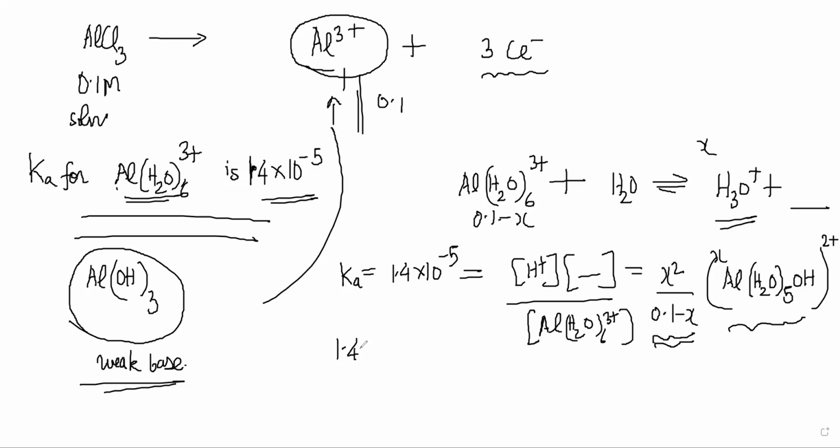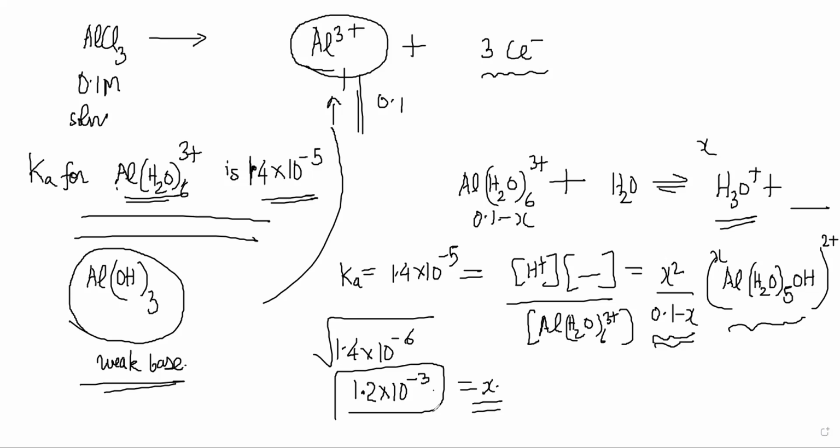So 1.4 into 10 power minus 6, and root of that; root of 1.4 will be around 1.2, so 1.2 into 10 power minus 3. That will be the approximate value of X. Now clearly X can be ignored as compared to 0.1. So that is a correct calculation then. So X will be this much.